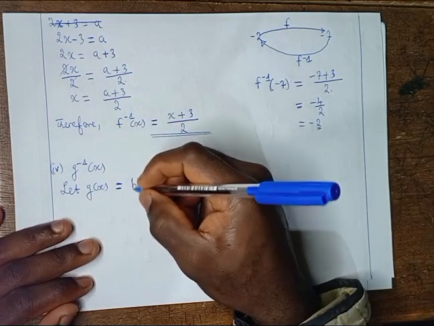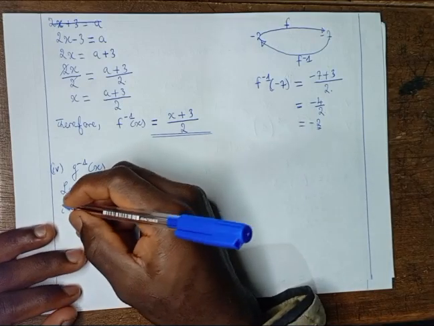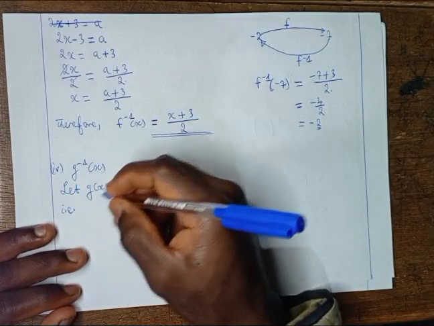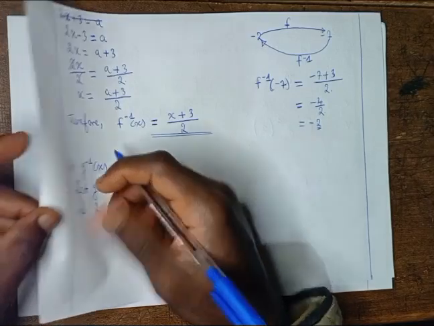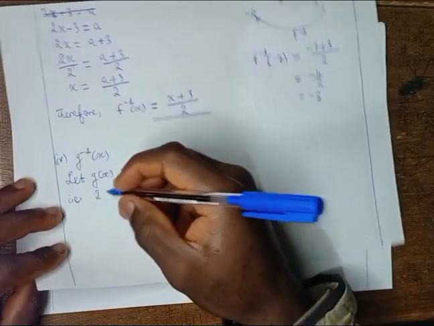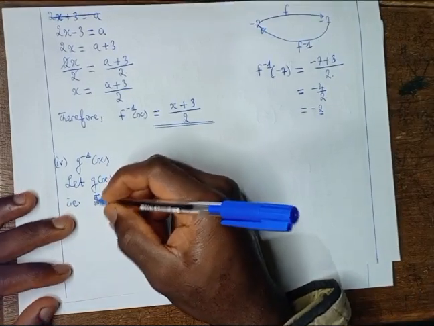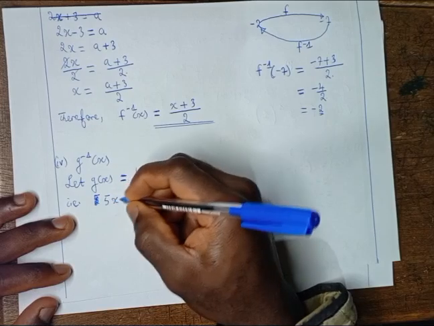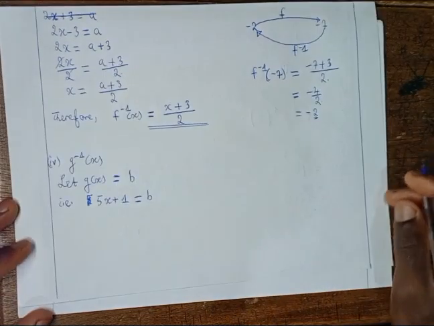In this case, let's make use of the letter b. So g of x is simply equal to 5x plus 1, and 5x plus 1 is equal to b.